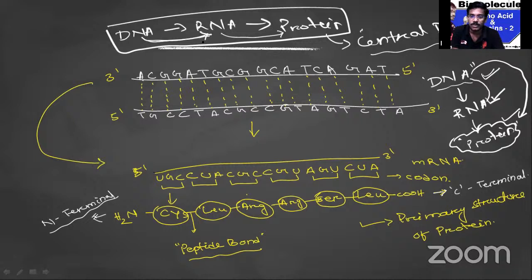The protein-synthesizing information is transferred from DNA to protein, not from protein to DNA or protein to RNA. So it occurs in only one direction. That is why I say this is a unidirectional flow of information. Which information? The synthesis of protein.